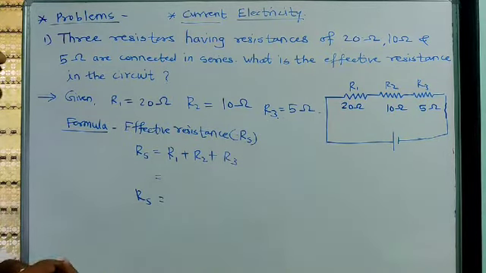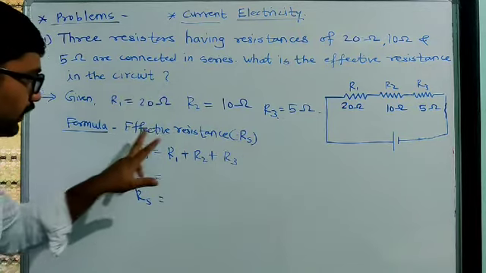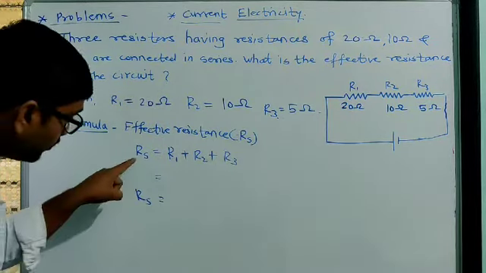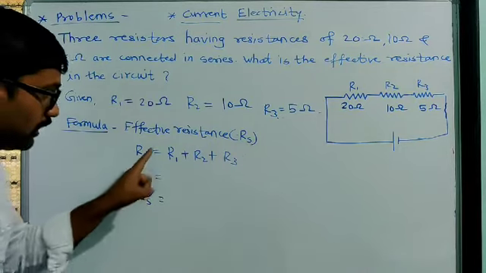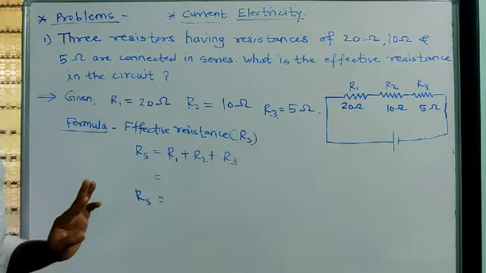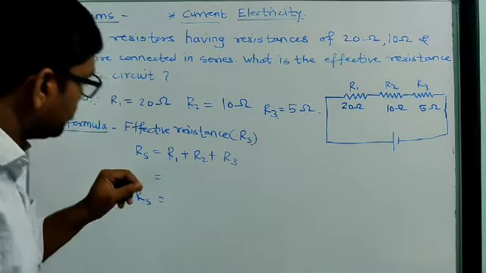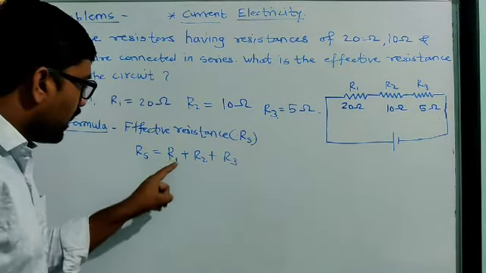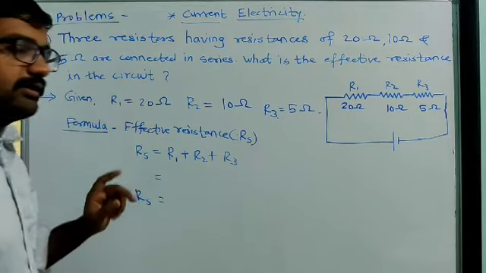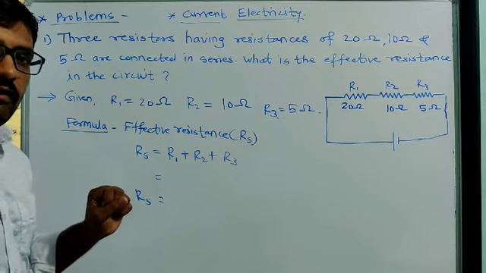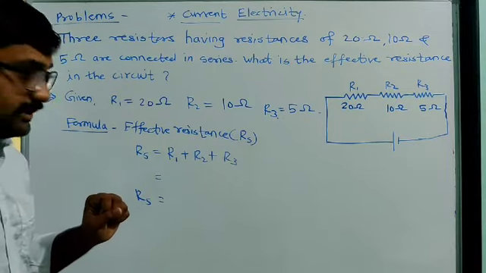Then we know that in a series connection, the effective resistance Rs is equal to the addition of all the resistances connected in series. So Rs will be equal to R1 plus R2 plus R3.